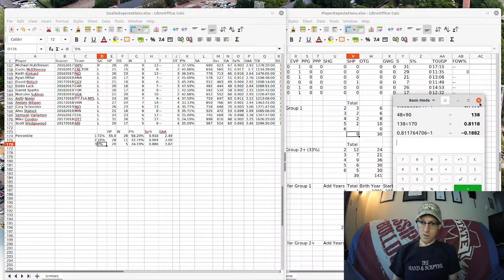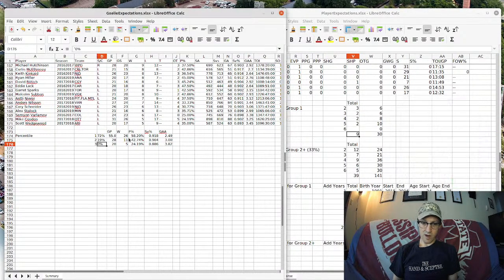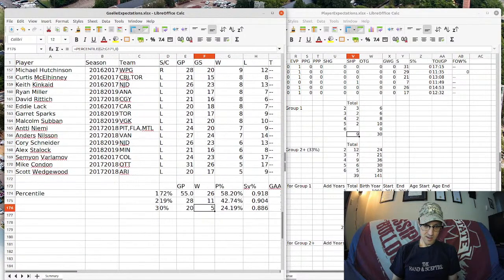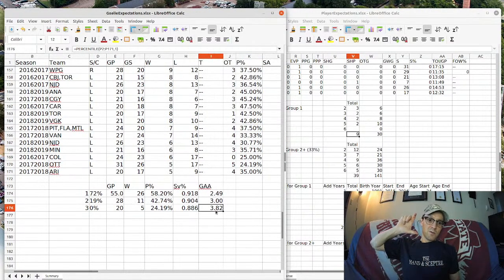So new percentiles for goalies, which gives us the tiers. And again, actually I'll make this larger so you can see. Okay, so goalies now, from the changes here, there's a top tier of goalies, which should be good enough to make the playoffs.